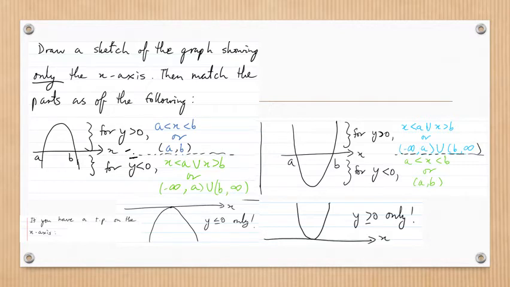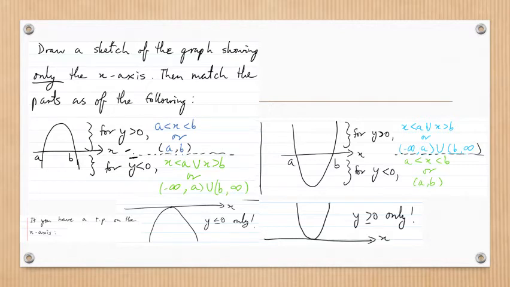Down. So, to the left of A, which is x less than A, and to the right of B, which is x greater than B, and you need to show with a union sign saying they're together, that section is where your y values are negative. Does that make sense? No? Look at the graph shape.